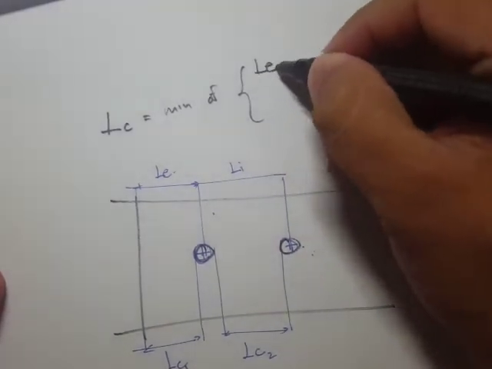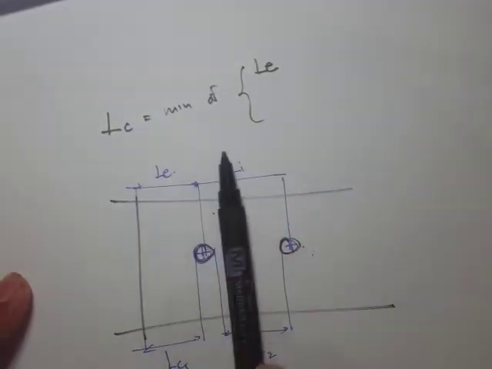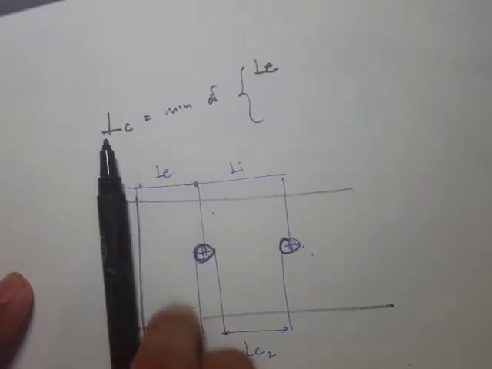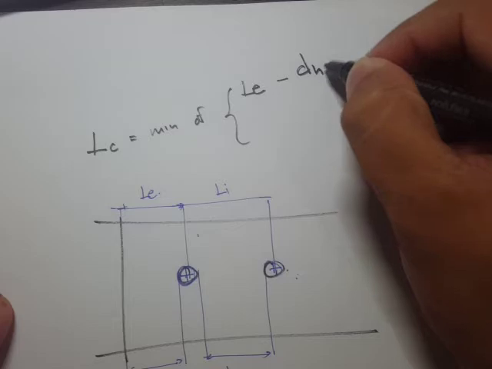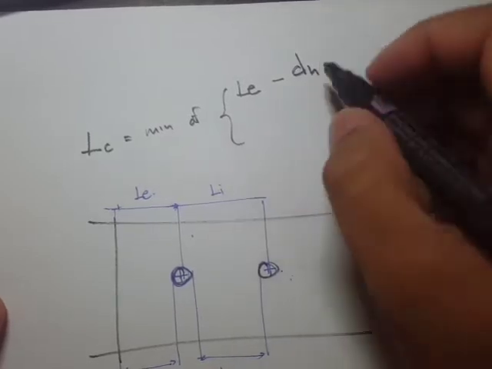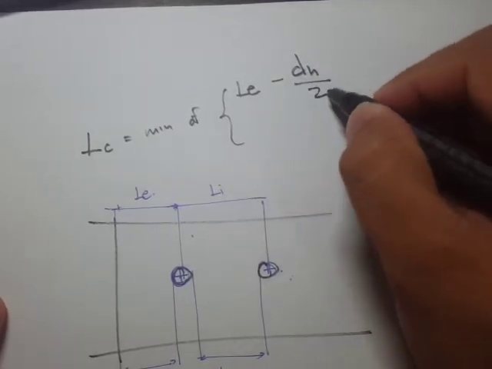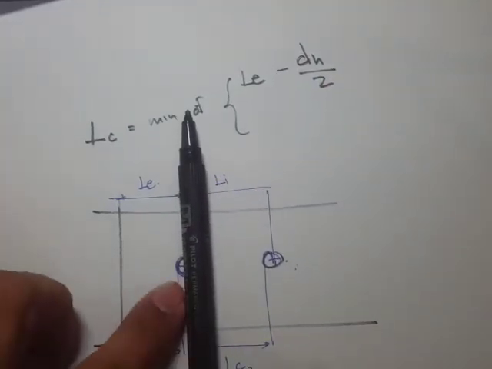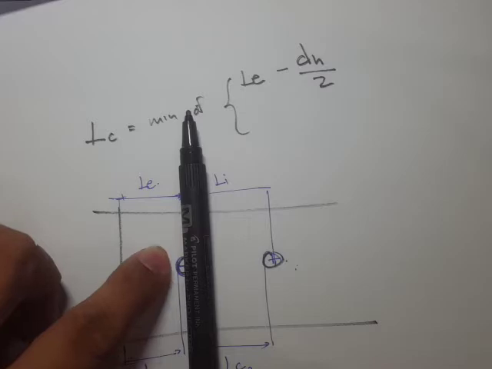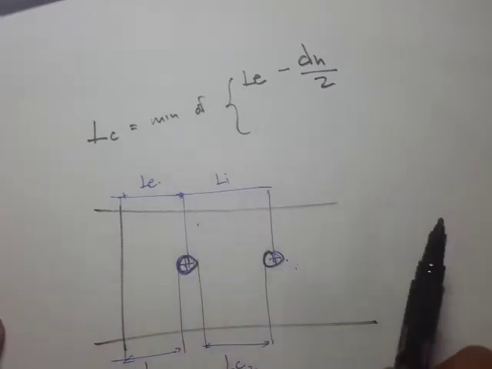So the first one is Le, meaning, let's consider this Le minus the diameter of the hole, dH, all over 2, of course, because you're given this Le minus half of the diameter of the hole.